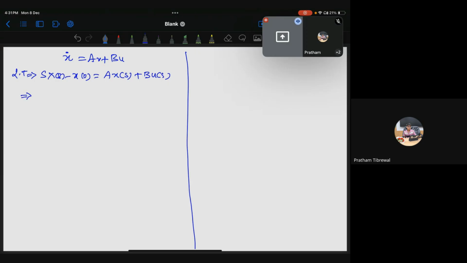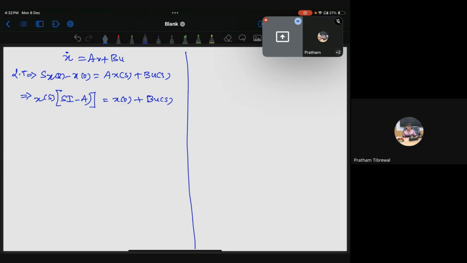From here, if I take X of s common, (sI minus A) X of s is x of 0 plus B U of s.